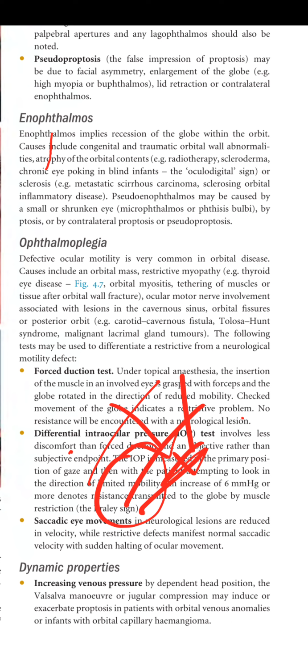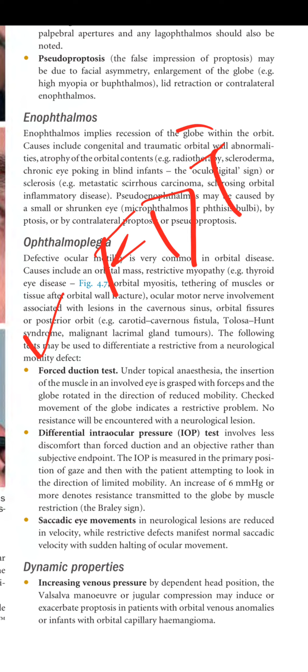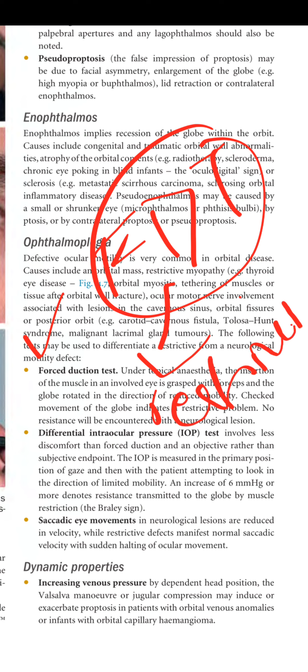Forced duction test is a very important test. Basically it is used to give us the idea whether the restricted movement is due to a palsy or due to a restriction of the muscle.